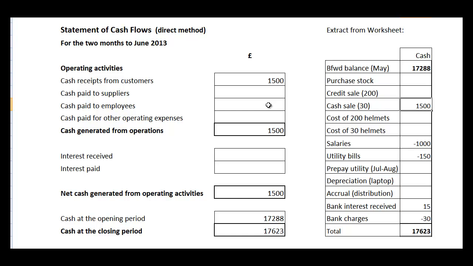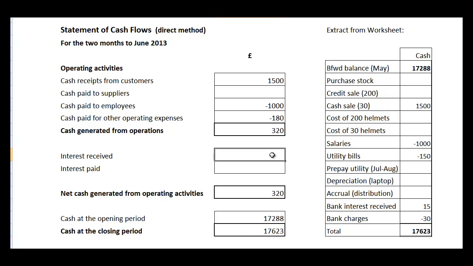We also have paid £1,000 to employees, taken from the accounts worksheet, and we have cash paid for other operating expenses of £180, which is made up of our utility bill and our bank charges.